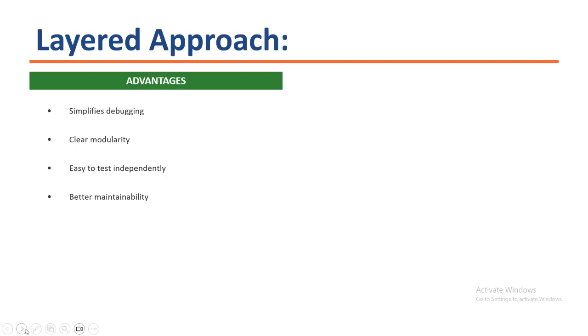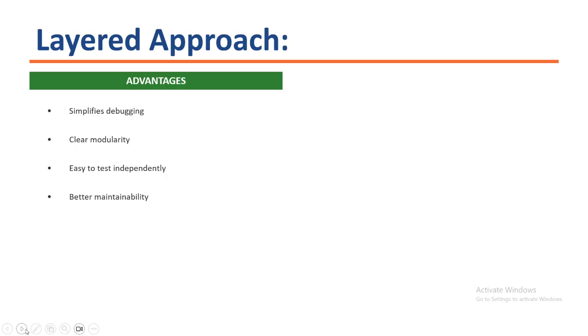Advantages. Simplifies debugging. That means since each layer is separate, if something goes wrong, it's easier to figure out which layer has the problem instead of digging through one giant mess of code. Next one is clear modularity. Modularity means the system is split into clean separate pieces.